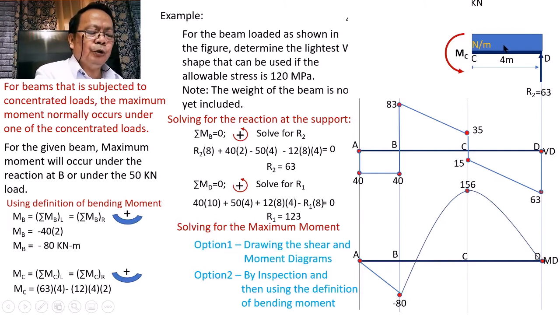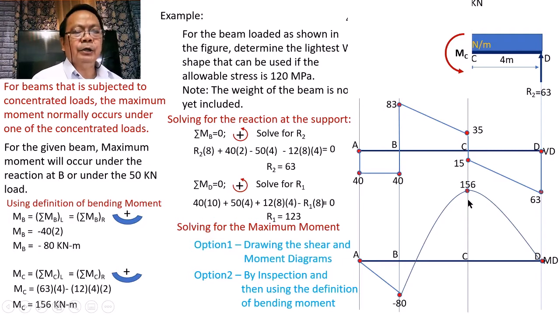While the moment due to this uniformly distributed load having a magnitude of 12 multiplied by 4 multiplied by 2 is equal to negative because it will be causing a downward direction. Hence, the magnitude of the same moment will be 156 kilonewton meter at ito rin siya yung maximum moment na nakita natin dito. Kaya, nasa inyo na yung kung ano yung magiging approach ninyo in solving for the moment.